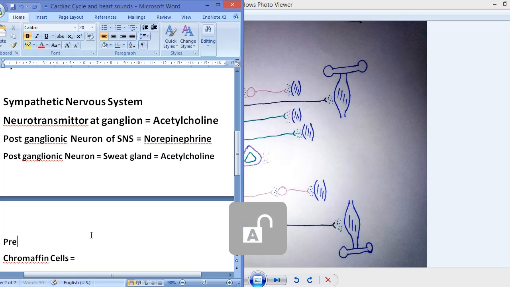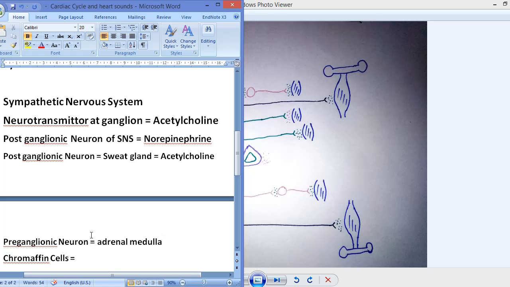The preganglionic neuron of the adrenal medulla will secrete what?